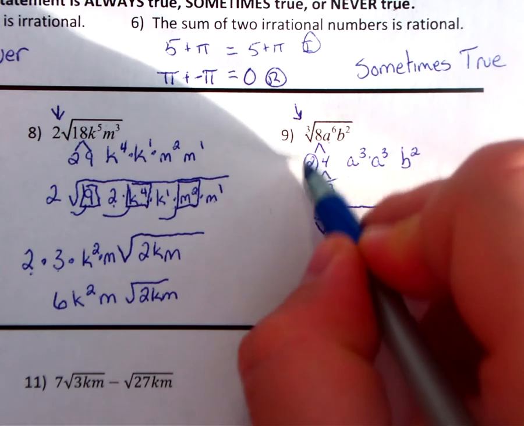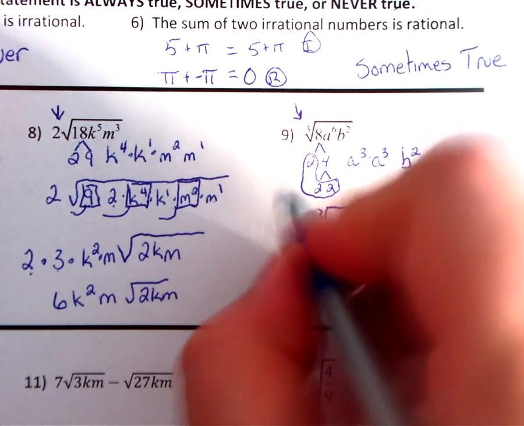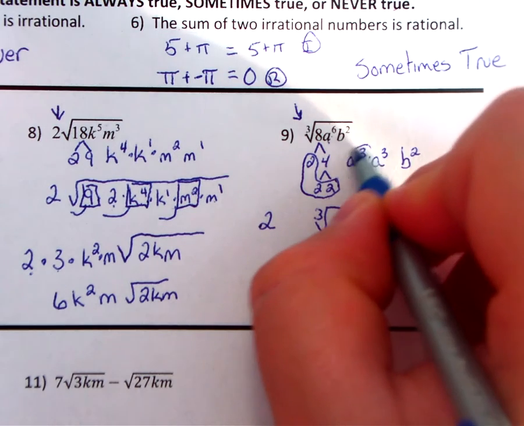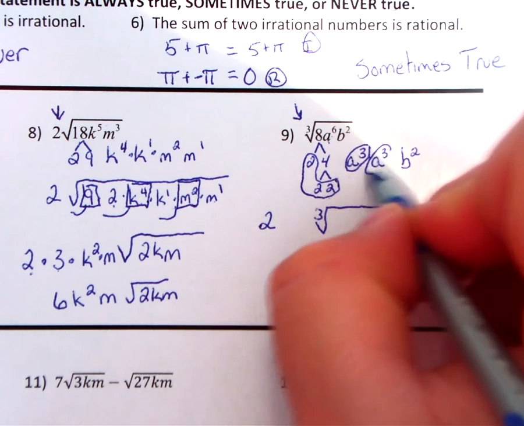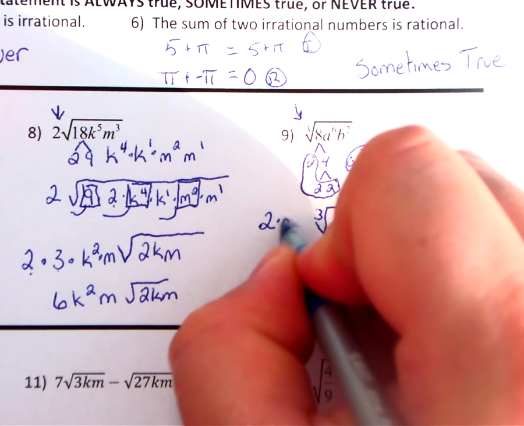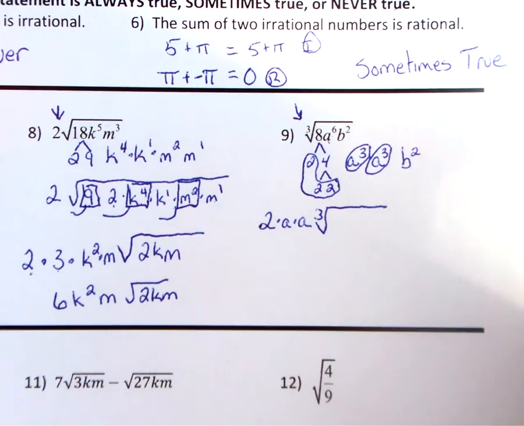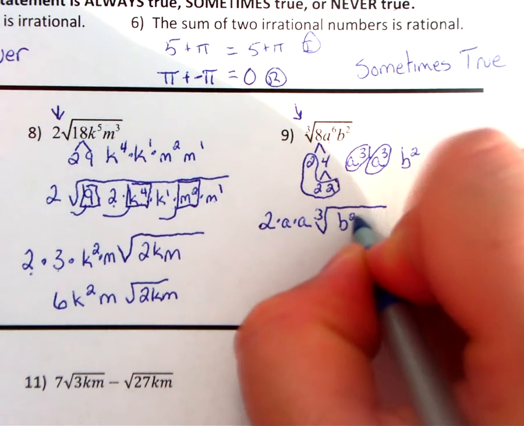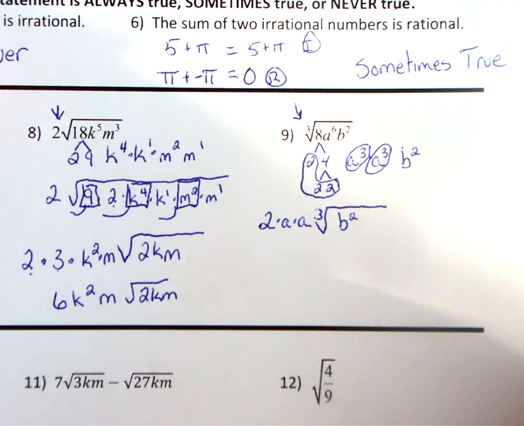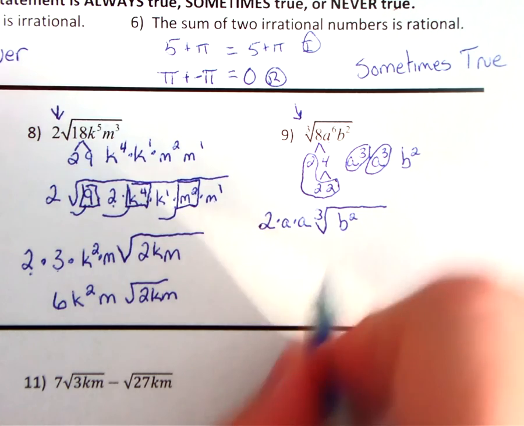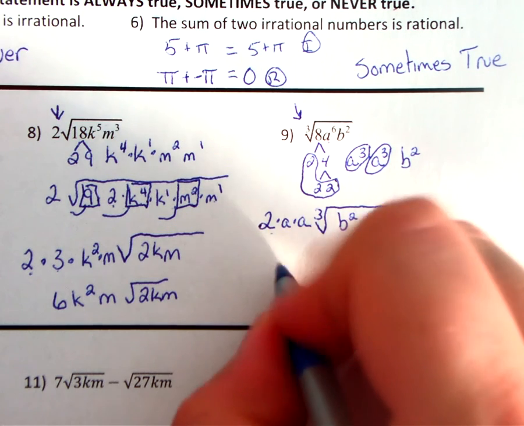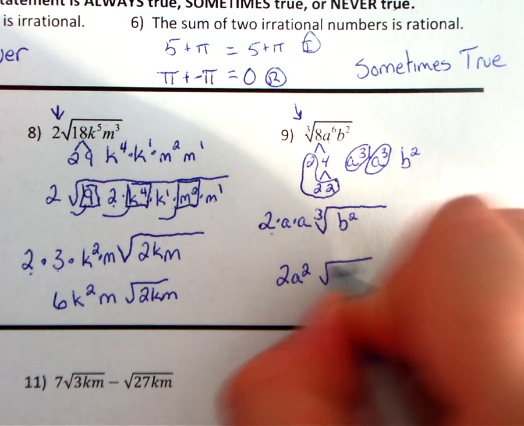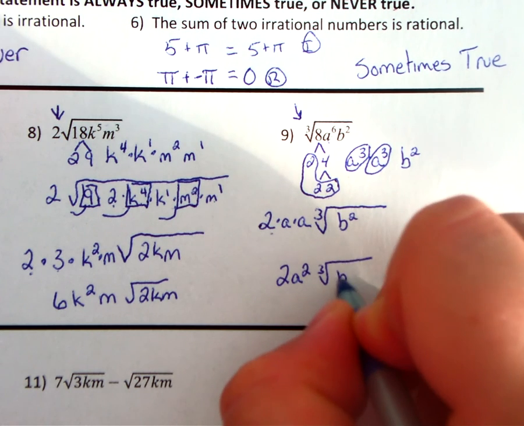So notice I have one factor set of 3. That's a 2, so that's coming outside. I have a set of a's and another set of a's, so times a times a. And I have a b squared that's going to remain inside the radical. So let's finalize this answer by multiplying things together. 2 times a times a is 2a squared times the cube root of b squared.